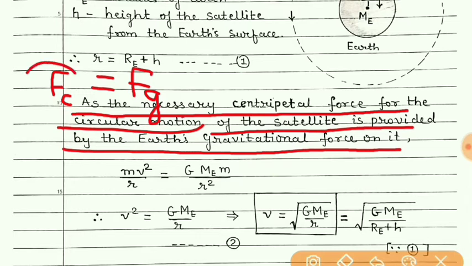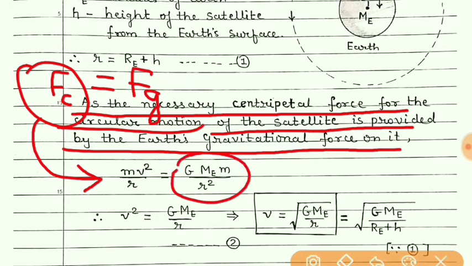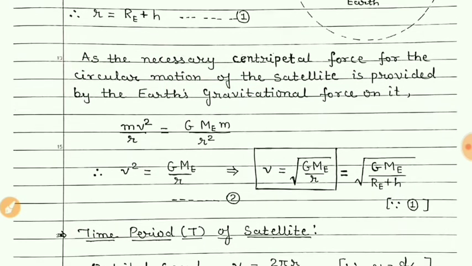But centripetal force is mv square by r. This we have studied already in our previous chapters. And gravitational force is G Me m upon r square. So both these forces are equal.